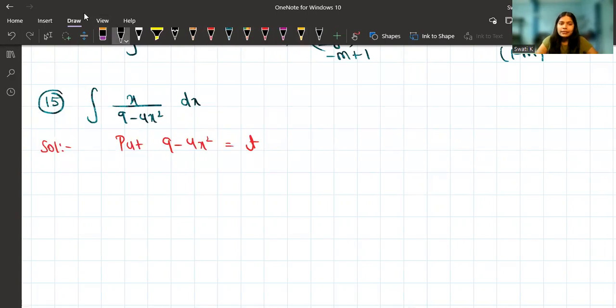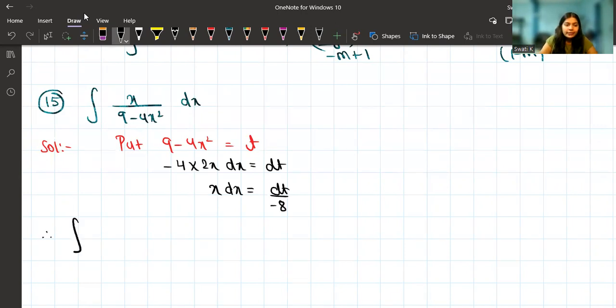So now let us simplify this. If you do the derivative, the derivative of 9 is 0, minus sign as it is, 4 as it is, derivative of x square is 2x, and then of course dx and dt. Now I'm going to put here only x dx, and this minus 4 times 2, that is minus 8, I'm going to send to the other side. Therefore, I can rewrite x dx as dt upon minus 8, which is the same as minus 1 upon 8 dt, and this is simply 1 upon t.